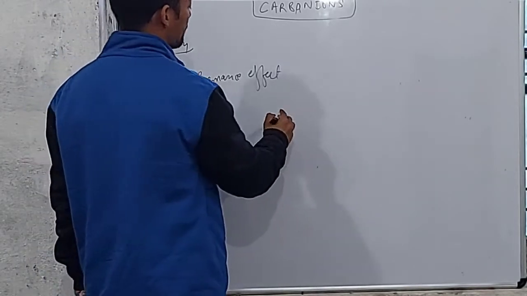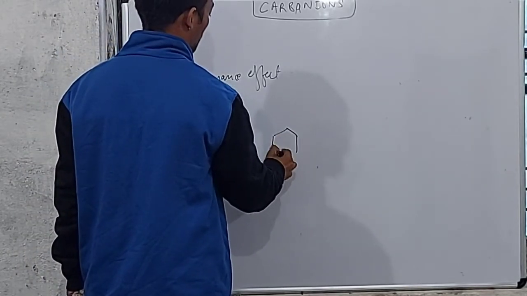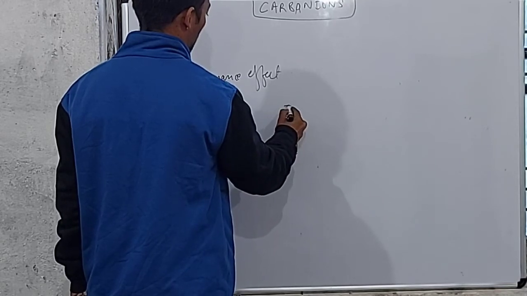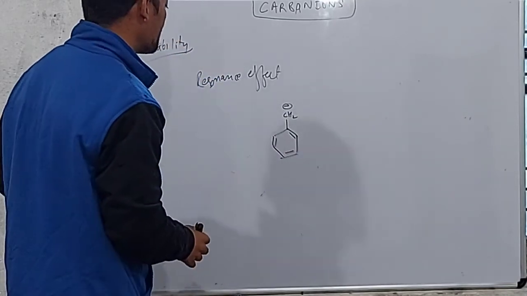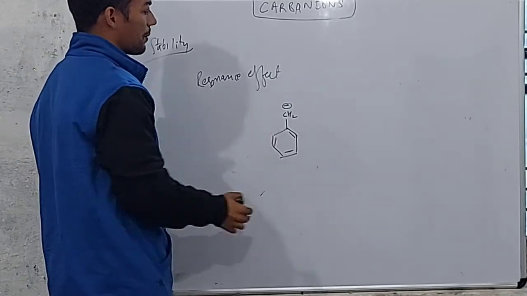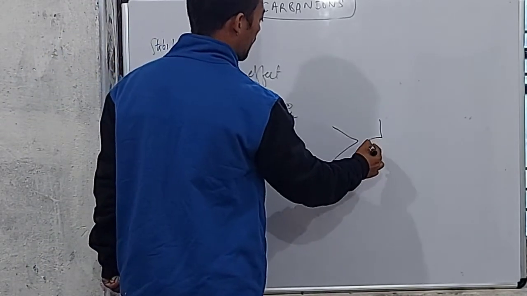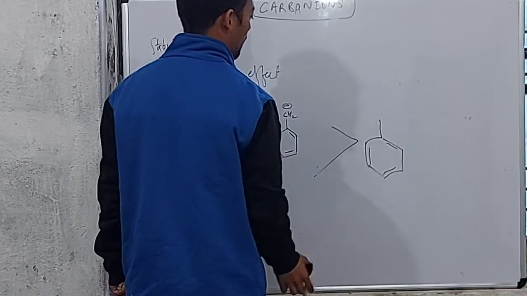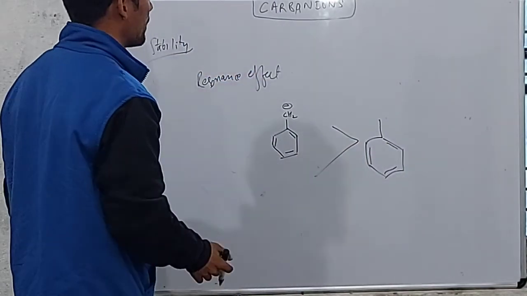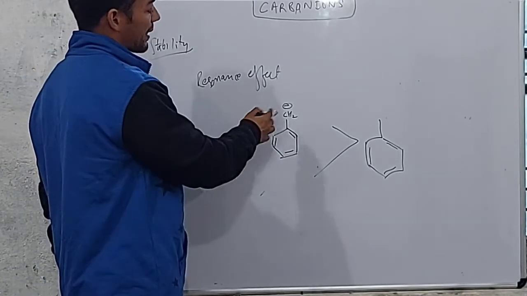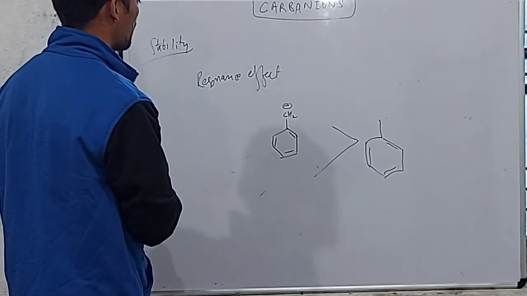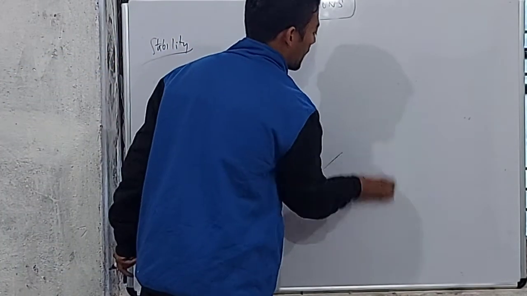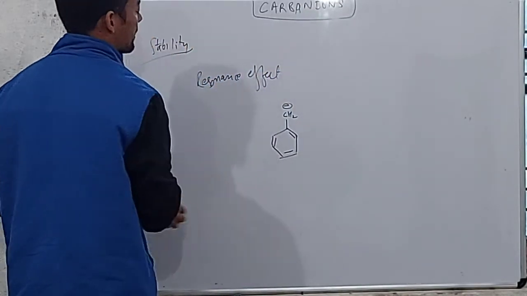For example, this will be more stable than simpler toluene. Why? Because of the resonating structures available in this case. So I will draw one or two resonance structures in this case.